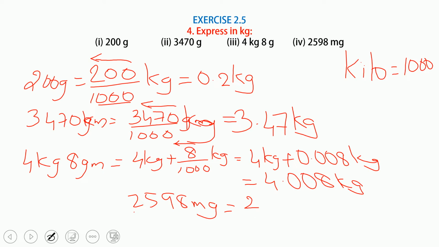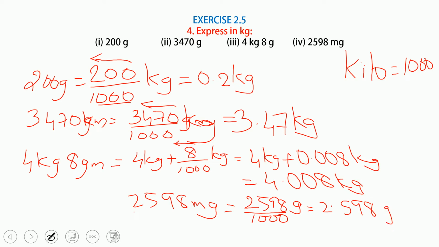Milli means upon 1000. So 2598 upon 1000, so that it becomes gram. Again the point is shifted 3 places, 2 point 598, that much gram.